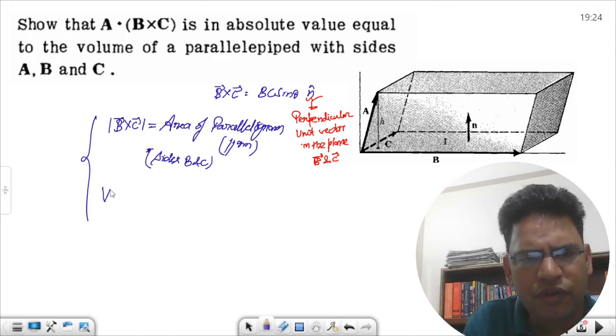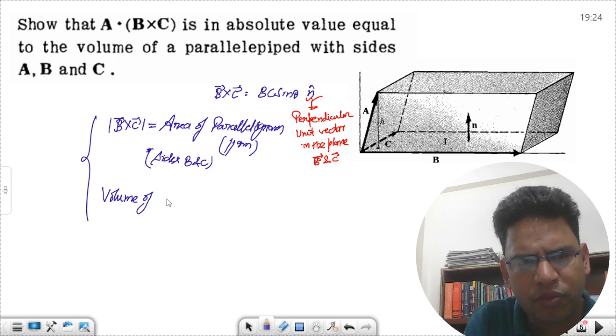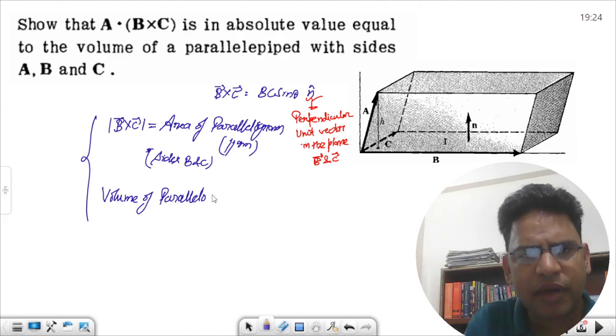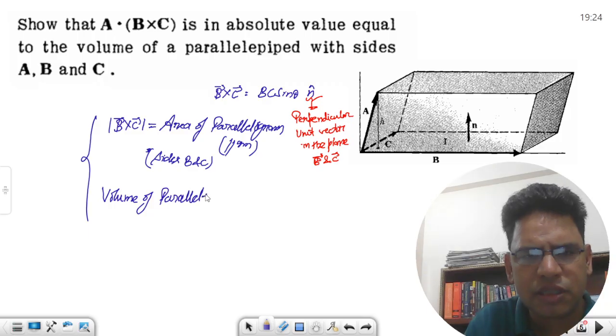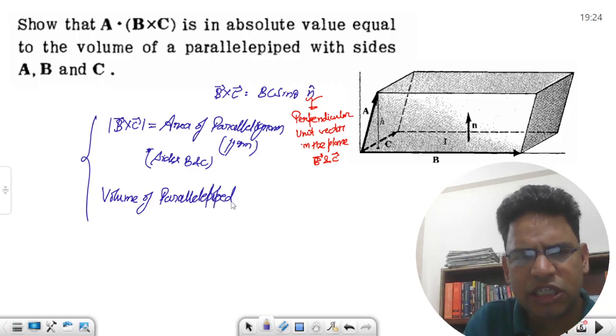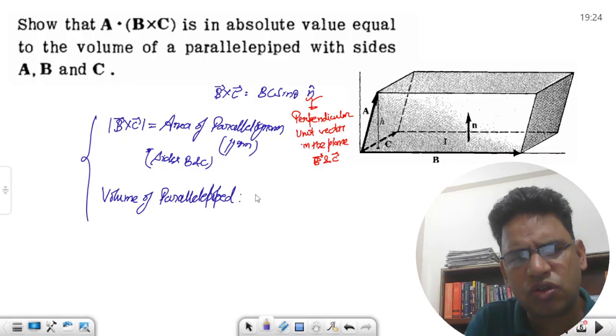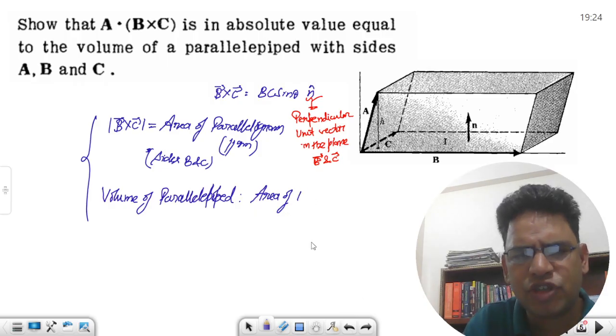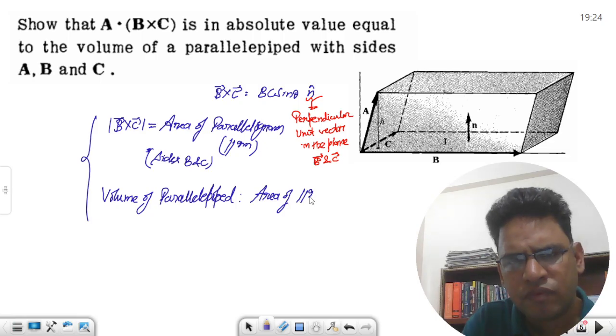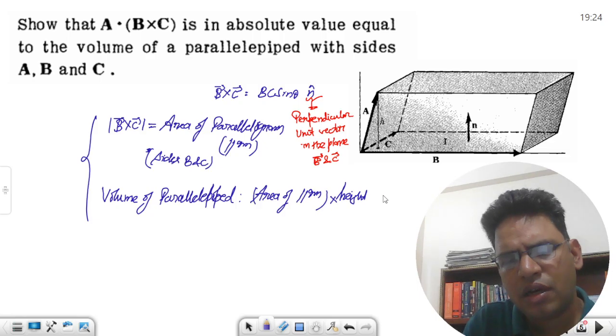If we want to talk about the volume of the parallelepiped, a three dimensional figure, this parallelepiped is going to be the area of the parallelogram into height h.